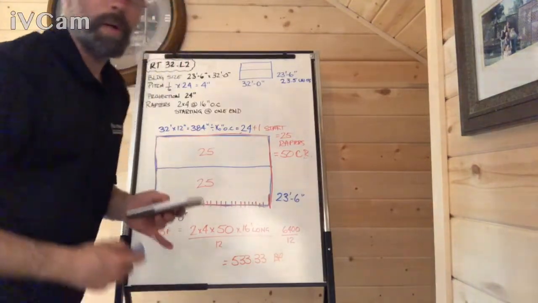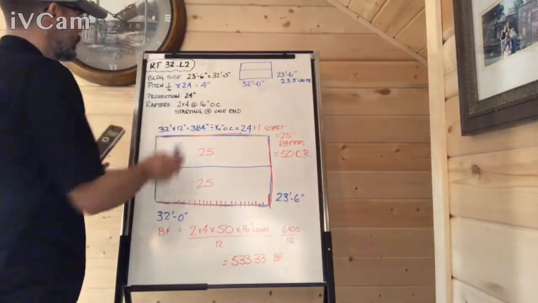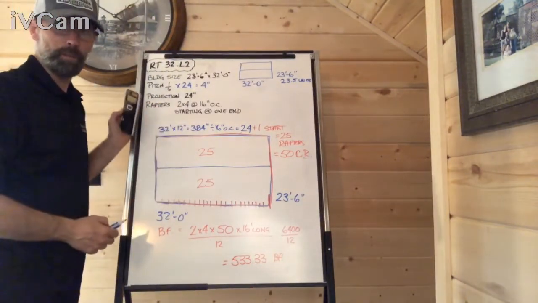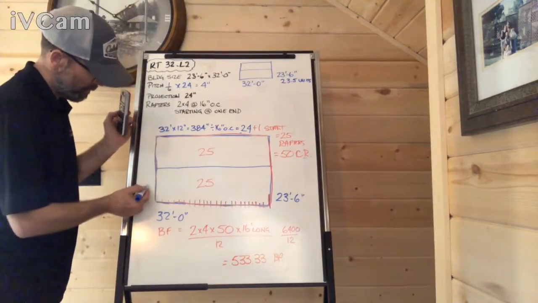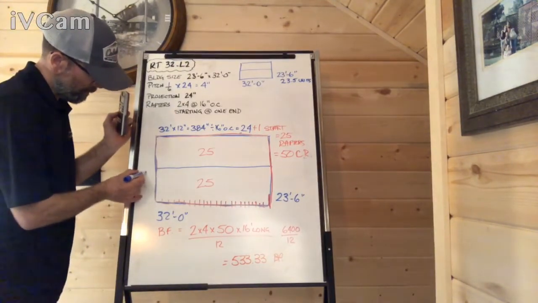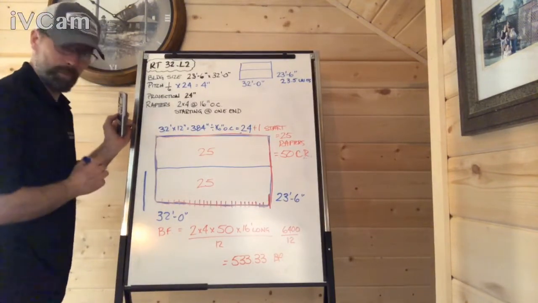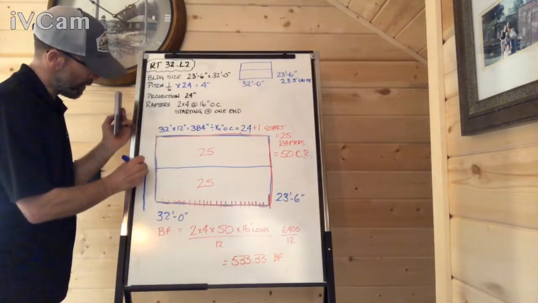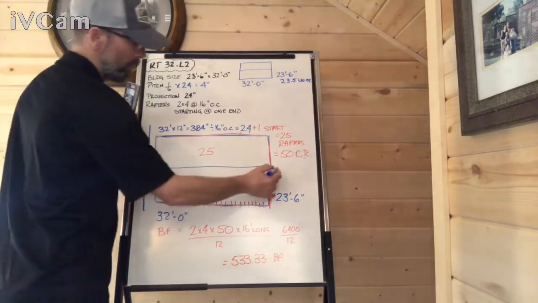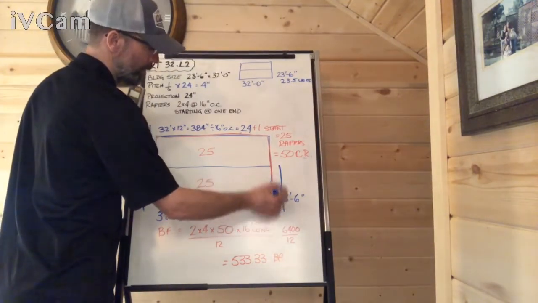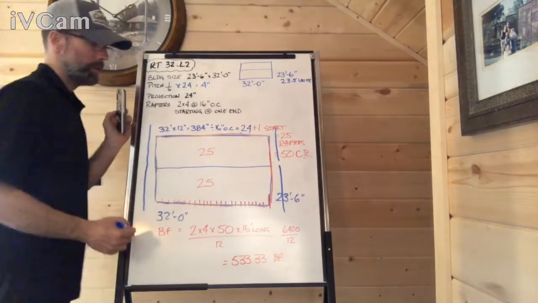There are some rafters missing. We have a projection of 24 inches. So out here, we've got a projection of 24 inches. There's one rafter there. I need one here, and I need one there.